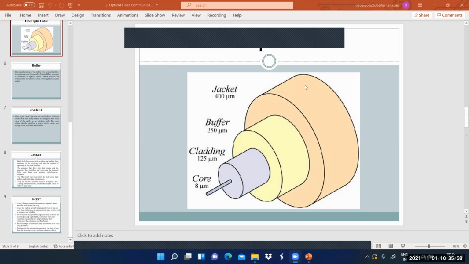Is there any doubt till now? What is core, cladding, buffer, and jacket? If you have any doubt about core, cladding, buffer, and jacket, then you can ask. Hello.